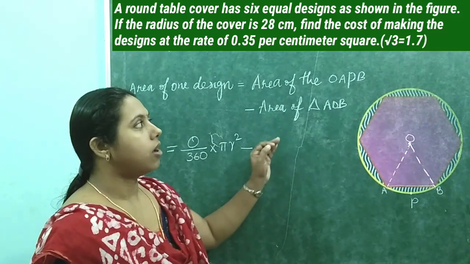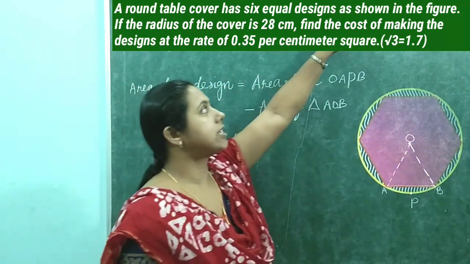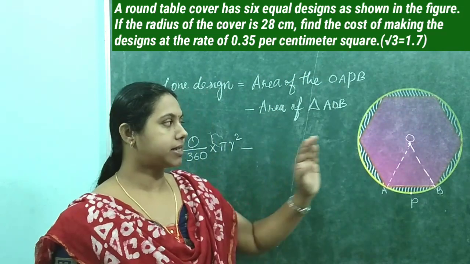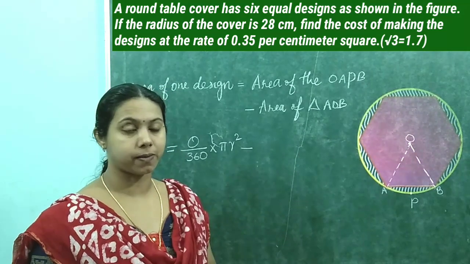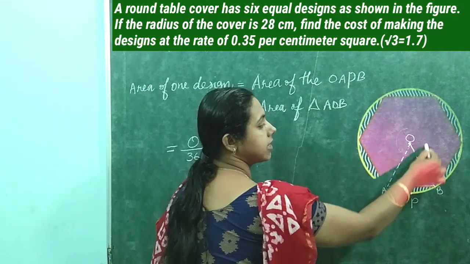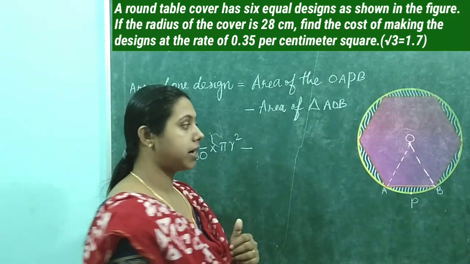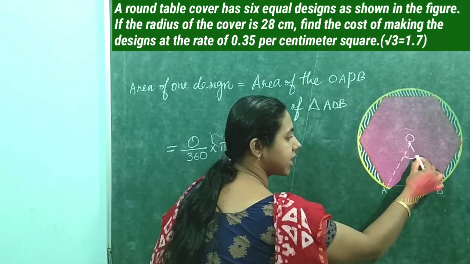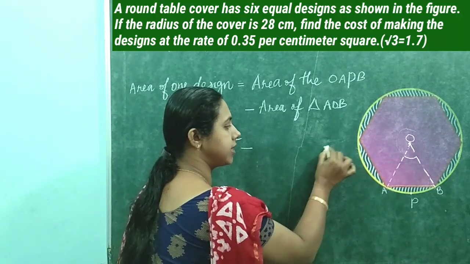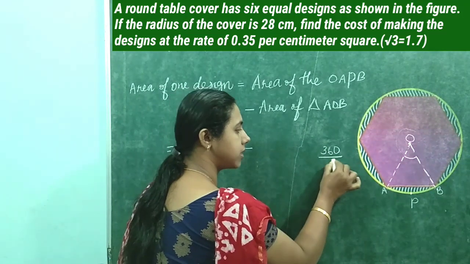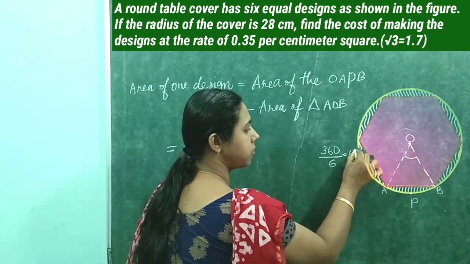Here it is given that the table cover has 6 equal designs. That means the circular table cover is divided into 6 equal parts. The total angle is 360, divided into 6 equal parts. Then what will be the angle of the sector? 360 by 6 is equal to 60.